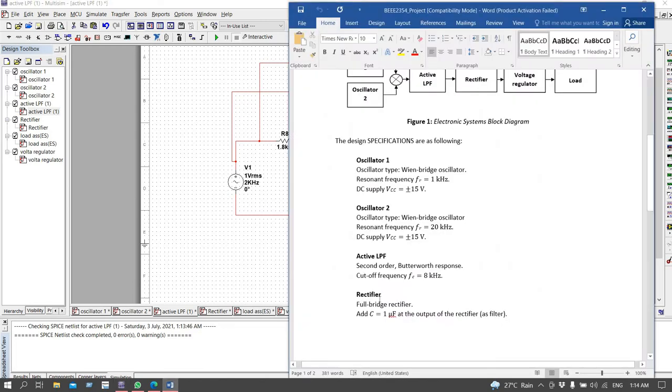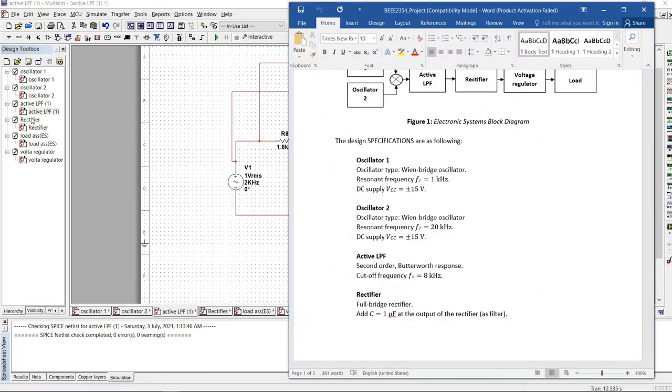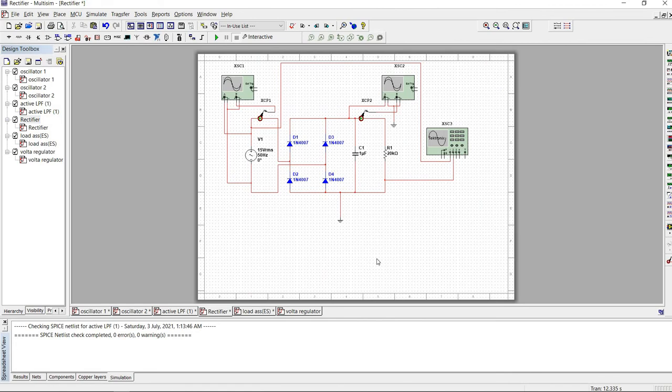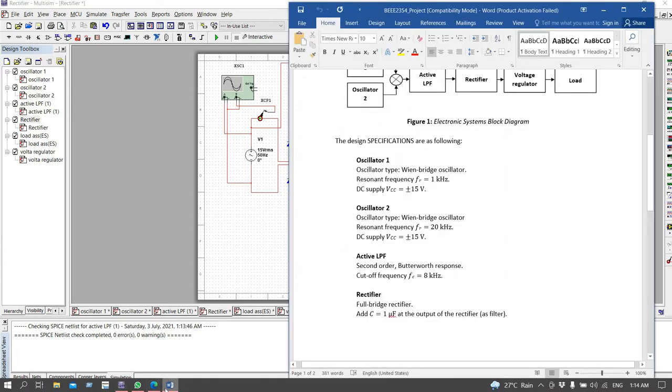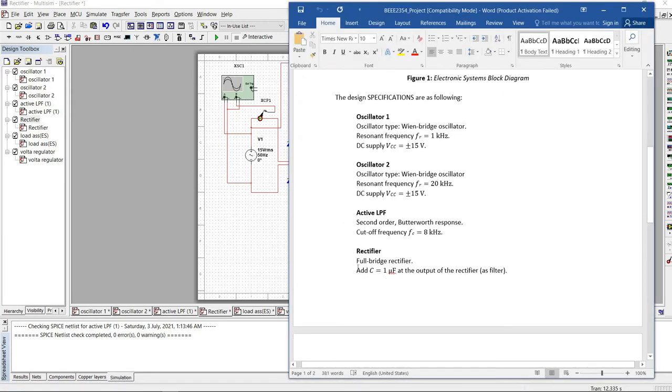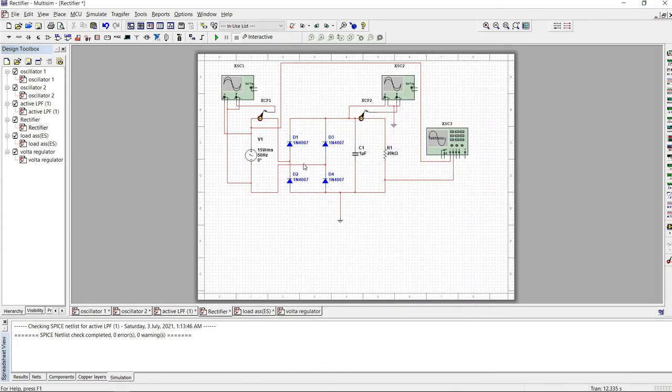Okay, for the next one I will show my rectifier. For this circuit, I use a full bridge rectifier, and my capacitance is 1 microfarad at the output of the rectifier, which I use as a filter.